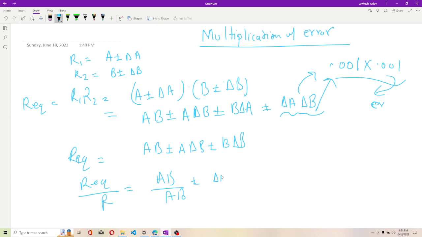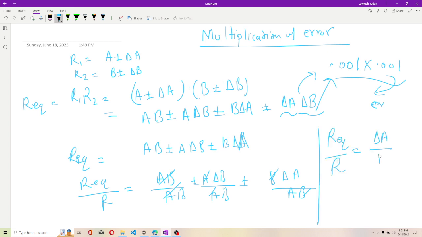So AB will be cancelled out, and here A will be cancelled out, here B will be cancelled out. Delta A upon A, delta B upon B. So then we find out that relative error will be equal to delta A upon A plus delta B upon B.